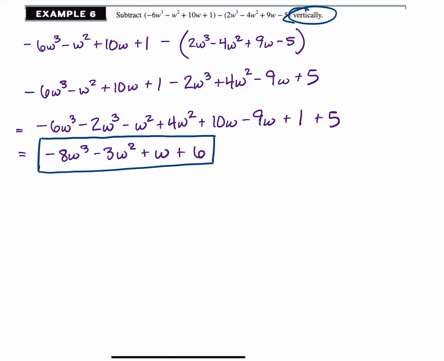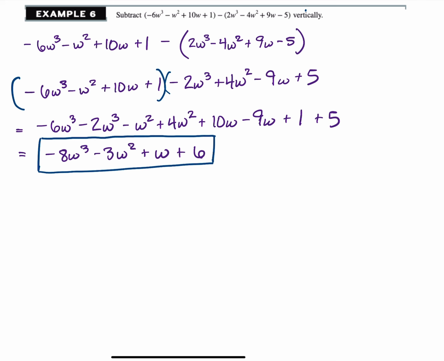This problem mentions adding these or subtracting these vertically. So it's just another way to visualize this. We still have our first polynomial. We turned the second one basically into addition after distributing the, oh, I need to actually look at the previous one. So let's look here.